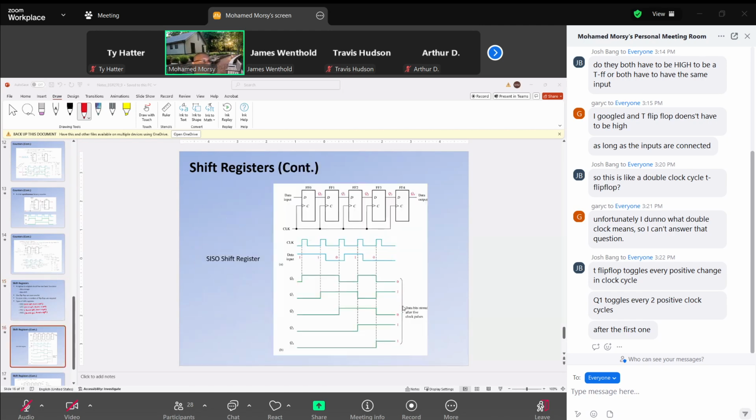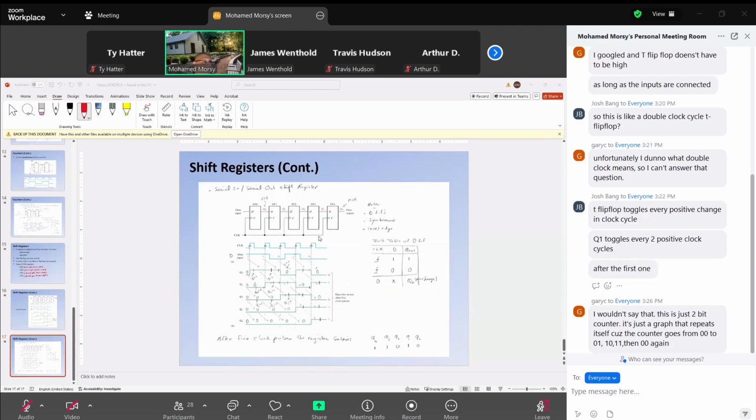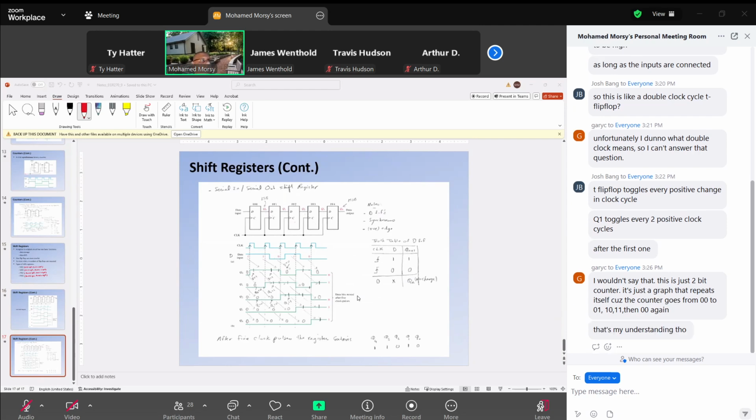Okay. So this is an example of a serial in, serial out shift register. And I put the details here to see it better. When we look at these flip-flops, what kind of flip-flops do we have here?